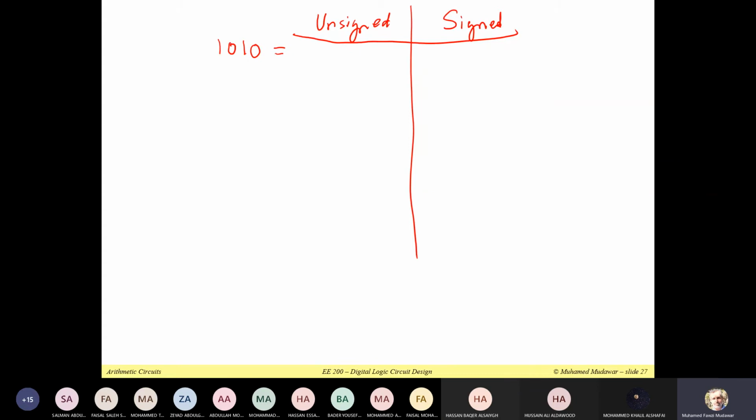Let us just write 10. This is in binary. This is in decimal. If it were signed 1010, what will be its decimal value? -6. Thank you. It's -8 plus 2 is equal to -6.